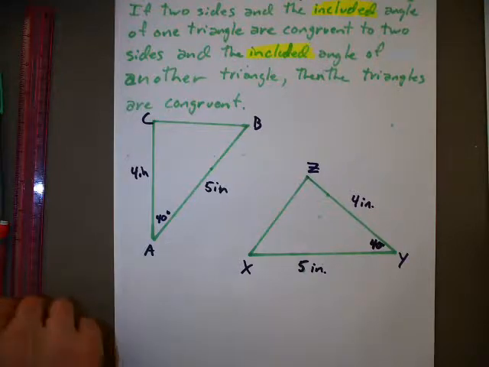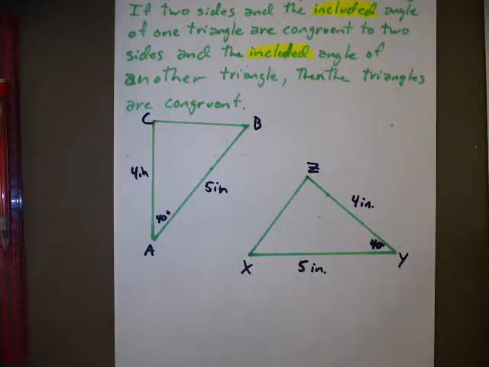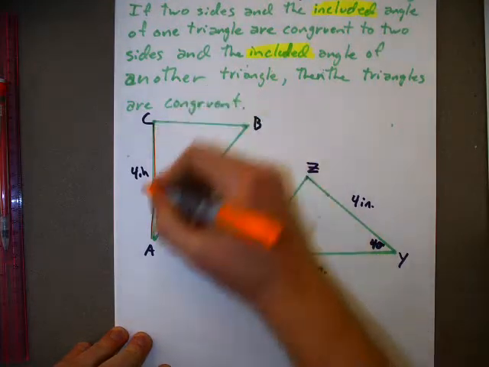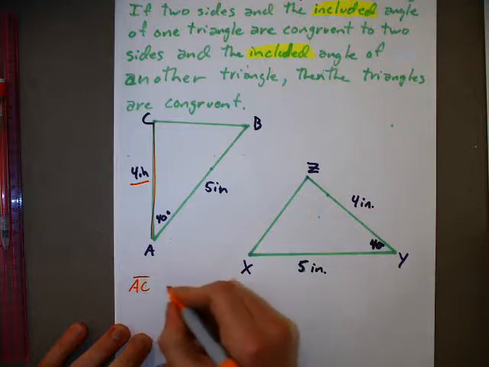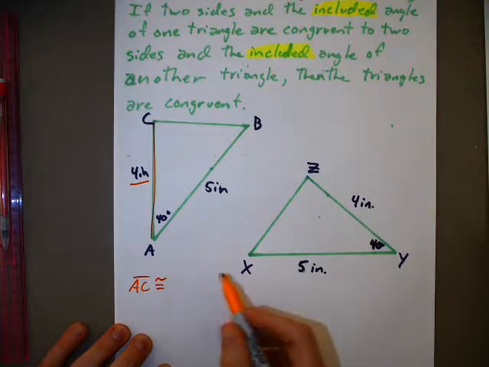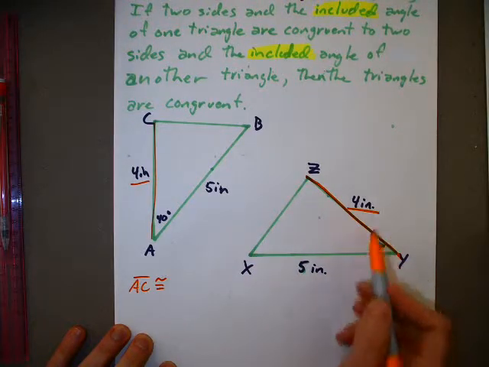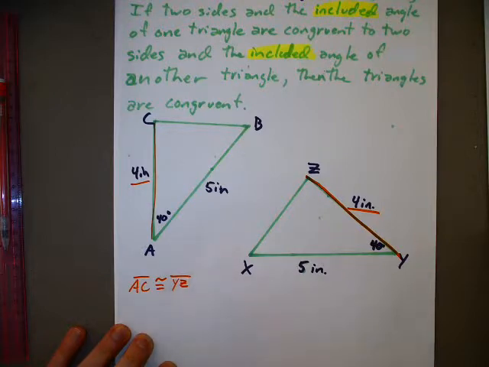So let's take a look at how we would name these two triangles. Let's first take a look at our segments. I'll start over here at segment AC. We see that that is 4 inches, and what we need to do is take a look over here at this triangle, and we see that segment YZ is also 4 inches, so they are congruent.